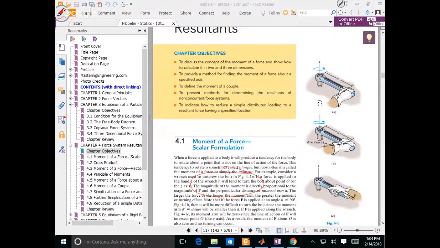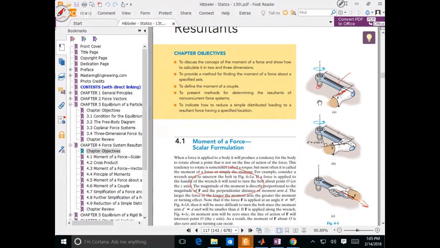And in a way, if you look at these 3, it sort of makes sense. If you're attempting to tighten a bolt and you grab a wrench like this blue thing right there and start pushing this way, of course, you're going to tighten it. But if you start pulling the wrench this way, nothing's going to happen. You're not going to tighten the bolt.